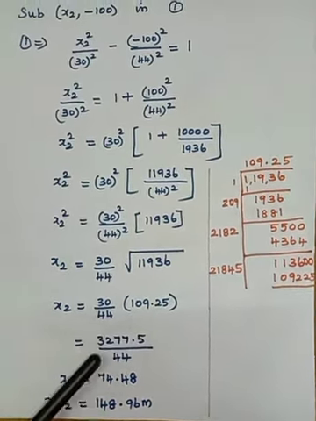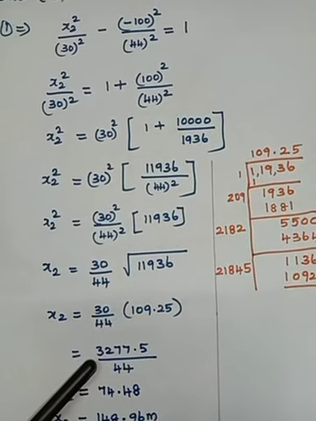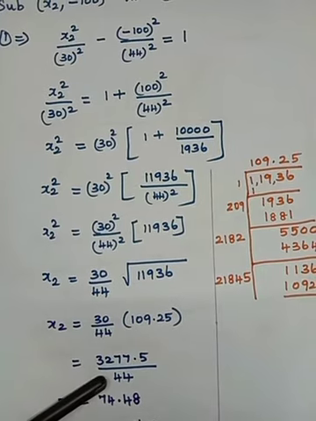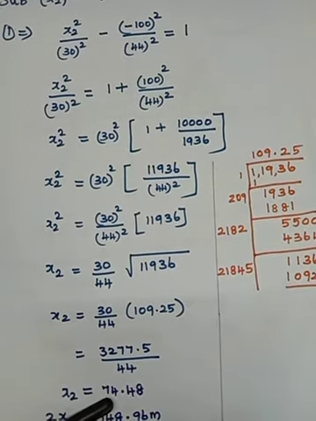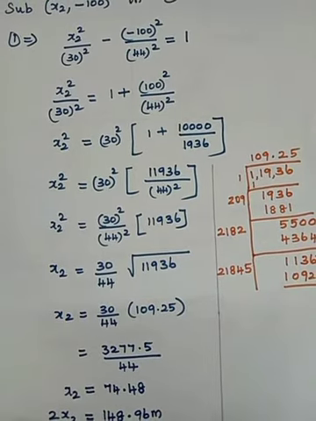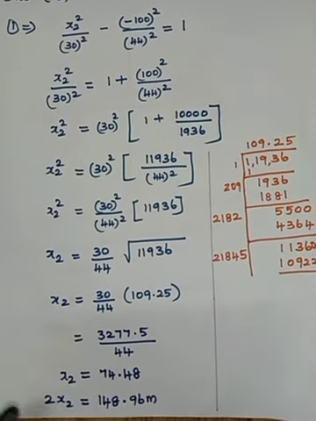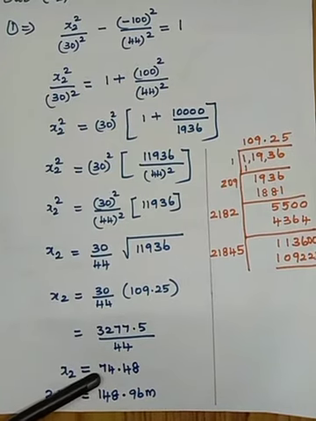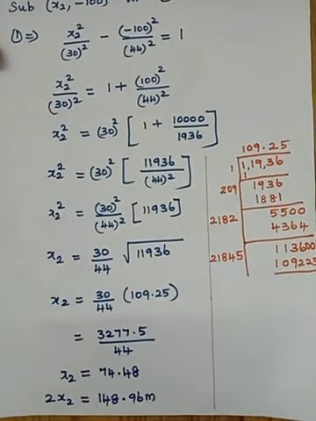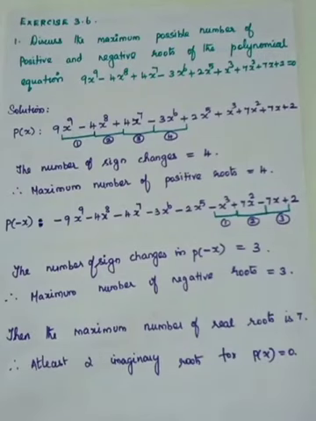So when you multiply these two, your answer is 3,277.5 divided by 44. So it is nothing but 74.48. So x2, the diameter of the base is 2x2. So when you multiply this answer by 2, it is 148.96 meter.